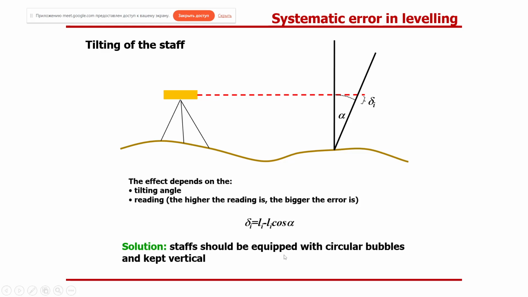Staffs should be equipped with circular bubbles and kept vertical. Another option is a circular bubble that stands directly on a rod.